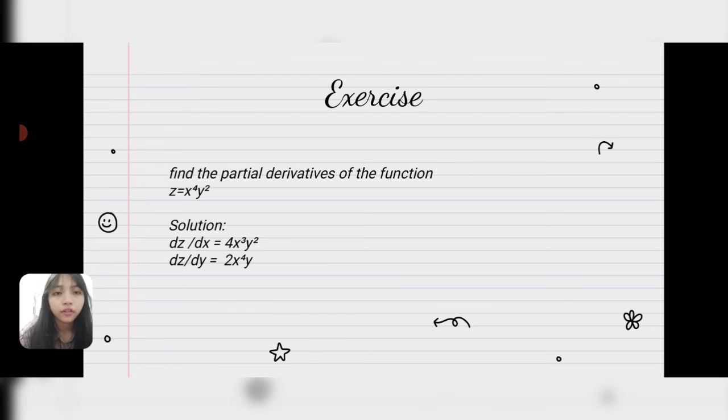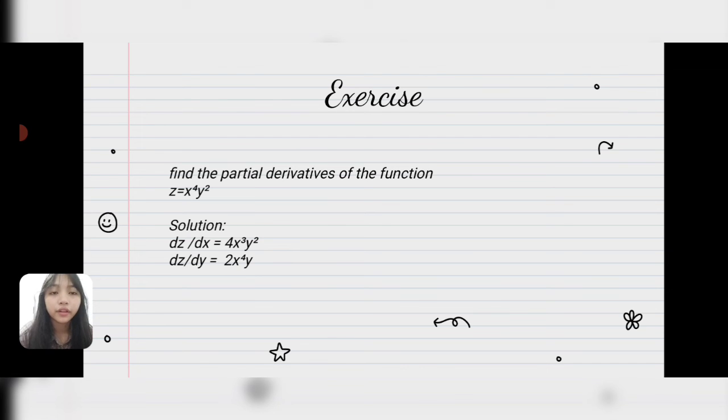So we are going to put the power of x first, so 4x to the power of 3 y to the power of 2. Now we are going to do the opposite, del z with respect to del y equal to, because del y, so the x becomes constant now, so the power is going to stay there, x to the power of 4.